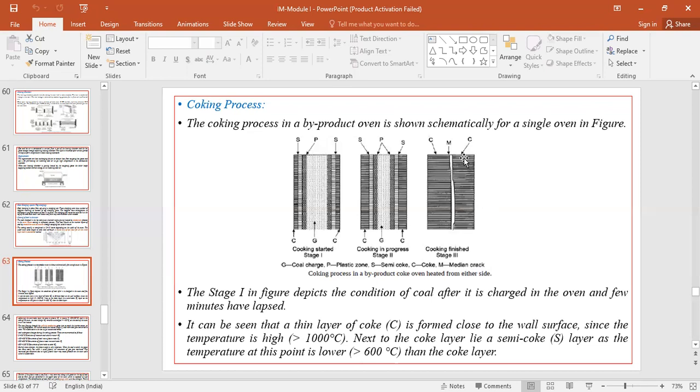So if you see the temperature profile during this coal to coke conversion in the coke ovens, the temperature next to the walls will be more than 1000 degrees centigrade, and the temperature adjacent to the coke, when the coal is in the semi-coke condition, will be around 600 to 800 degrees centigrade.